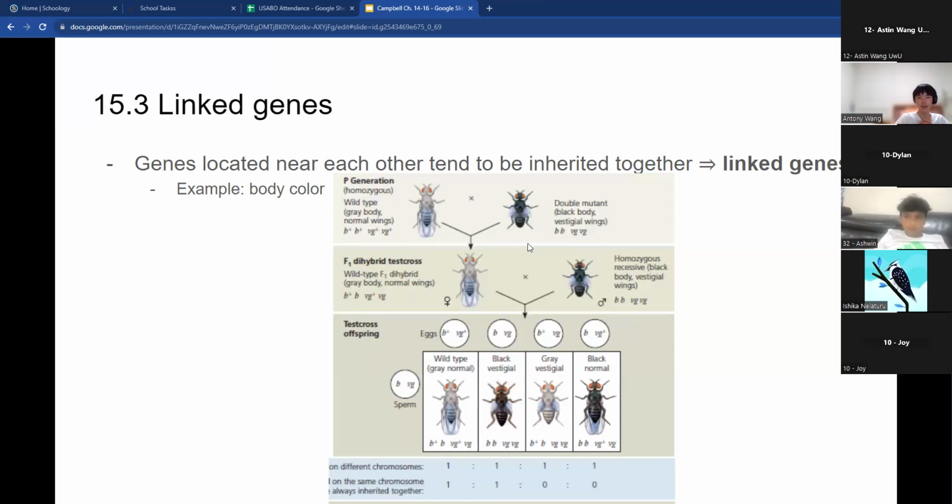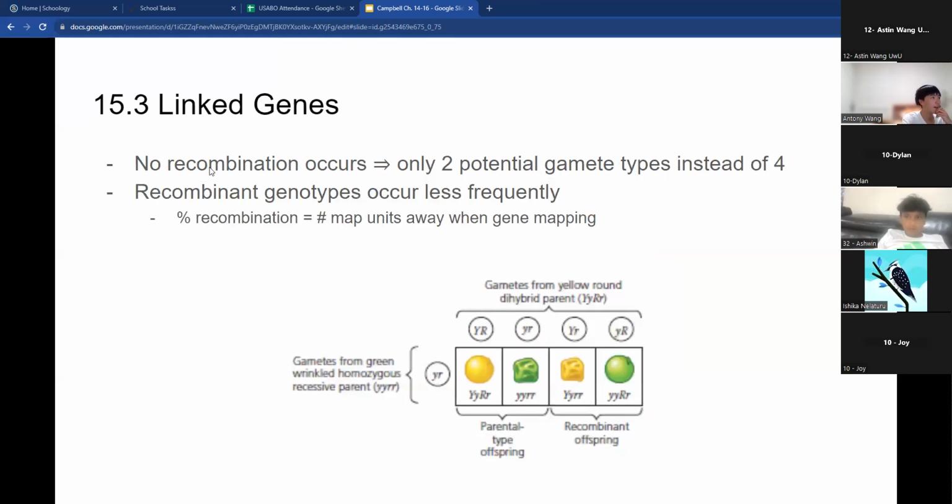And that generally means that two different alleles for a gene are associated with each other. And this just shows that if there are linked genes, then the number of phenotypes that you have is going to be much less.